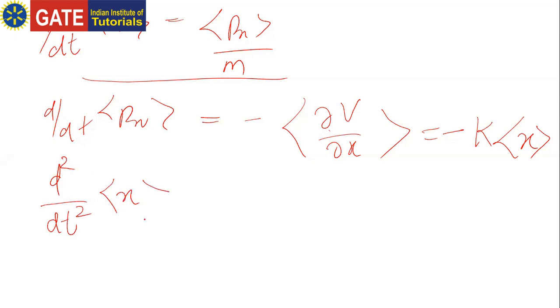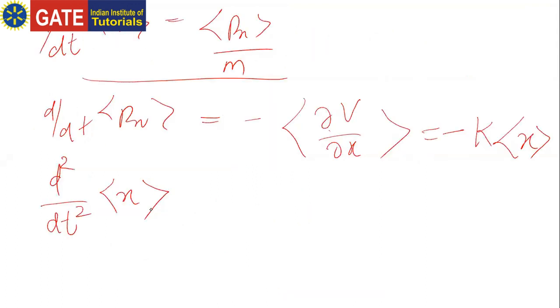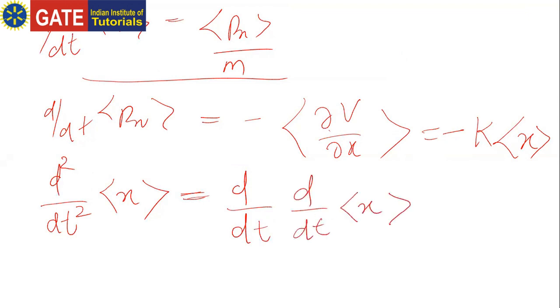d by dt of expectation x. d square by dt square of expectation x. Simply write down like this: d by dt of d by dt expectation x. Minus k by m expectation of x. Yes, very good.